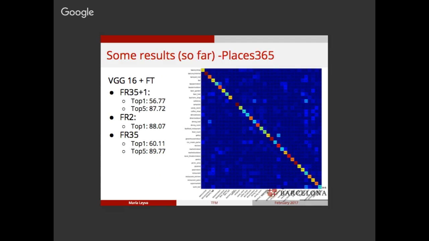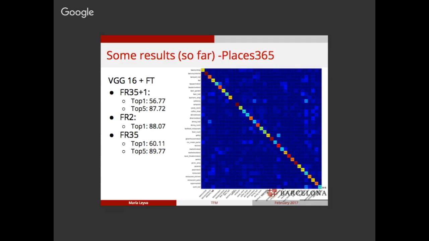And some results so far on Places365, by fine-tuning this. You see that I get an accuracy of almost 57% on 35 food-related classes versus not food-related, and a top 5 of 87%. And you see the confusion matrix here.